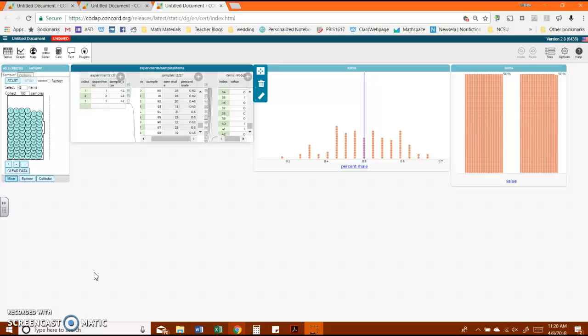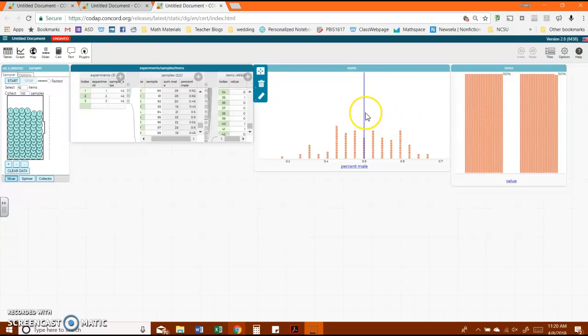Alright, so we've taken 111 samples of 42 births, and we can see that the mean of those samples is right at 50%, and that our males and females with the total amount of samples is also right at 50%.